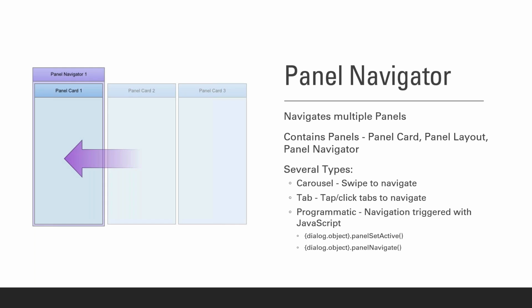So we have the carousel, swipe to go between each one. We have a tab interface. If you have seen our tabbed replacement, I forget the exact title, but Dion did a presentation, I believe sometime last year, about how you can use the UX control to create a tabbed UI interface like the tabbed UI component, but that's done using panel cards and panel navigators.